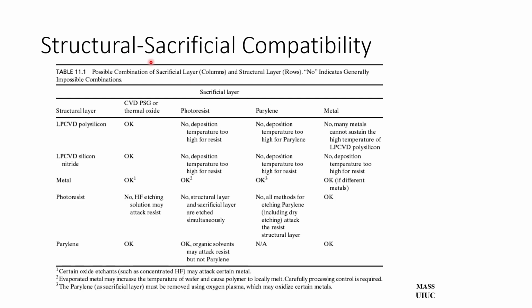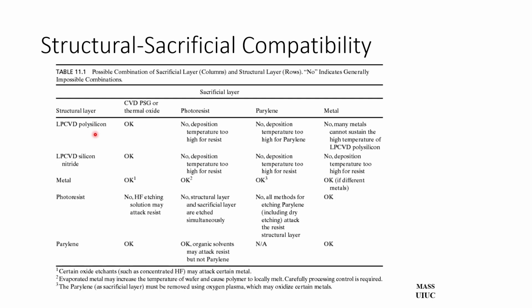The typical structural and sacrificial compatibility is something that every MEMS engineer needs to know. Some of the most common sacrificial layers are oxide, photoresist, parylene, and metal.